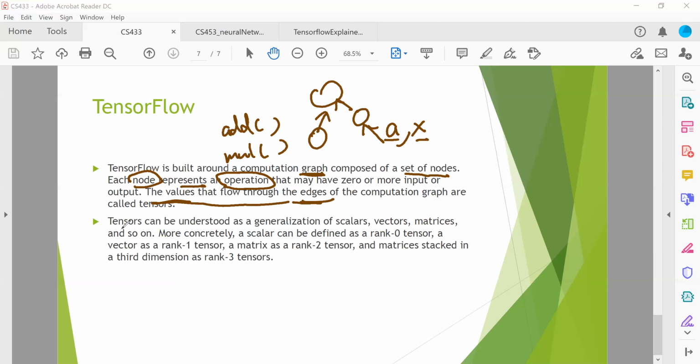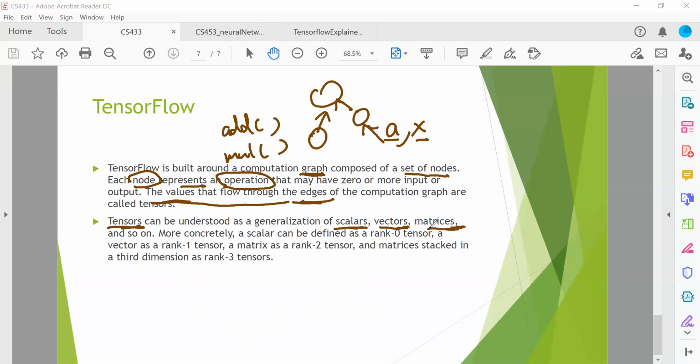Then in TensorFlow you have the concept of a tensor. A tensor is a math concept, a generalization of scalars, vectors, and matrices.